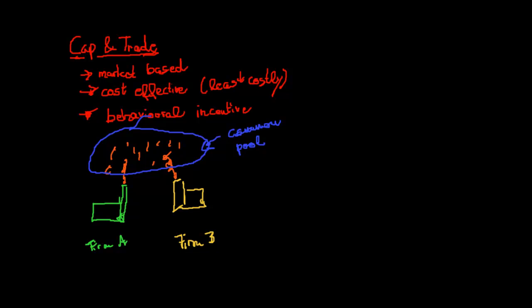And what is also important is that the pollutant distributes well in the common pool of pollution, so there are no locational effects on where the plant actually is situated. One of the perfect examples of such a pollutant is actually CO2 or greenhouse gases.